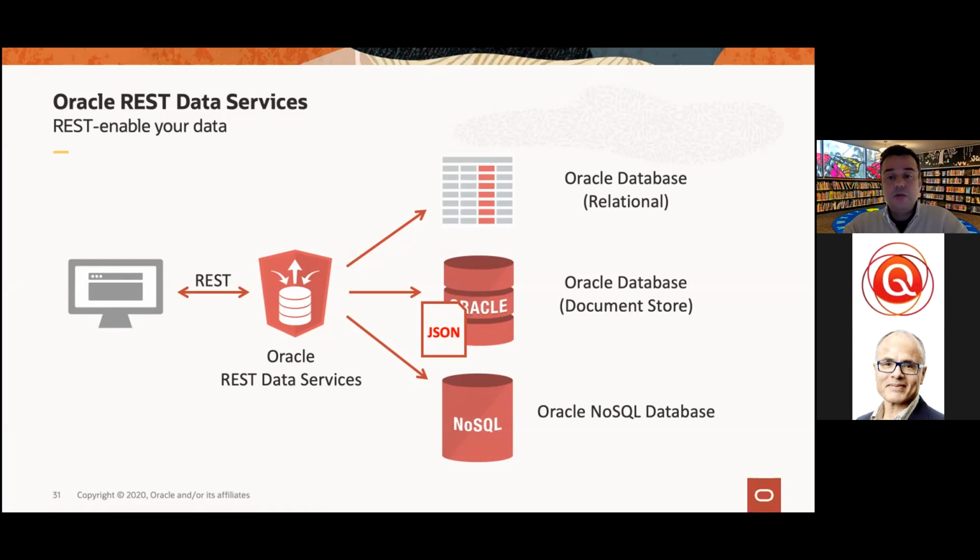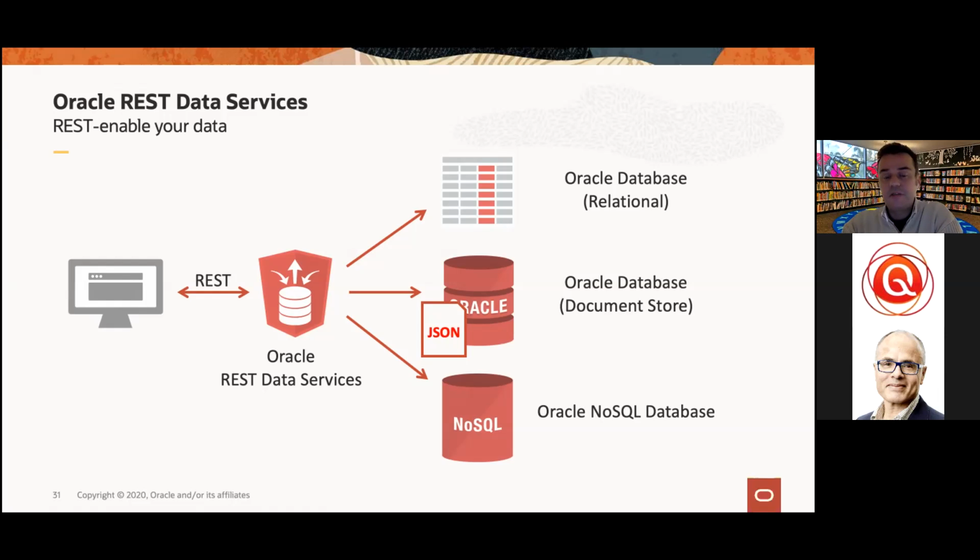It can use a document store, an Oracle database that has been configured specifically to store documents like XML and JSON information. We have, for example, now an Oracle autonomous JSON database available in the cloud, in Oracle Cloud Infrastructure. Or it can use a NoSQL database, Oracle NoSQL, that can be used as a source of information for Oracle REST Data Services.